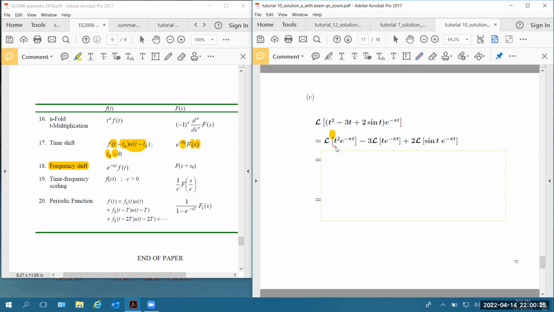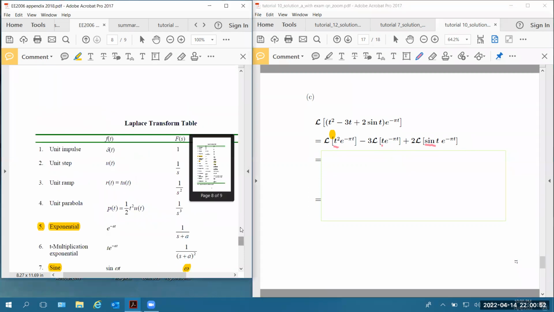So for the first term, the small f is t squared. For the second term, the small f is just t alone. And for the next term, it is sine t. For each of these, whether t squared, t, or sine t, do we know the capital F? I think we know.